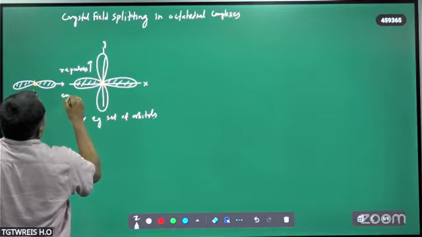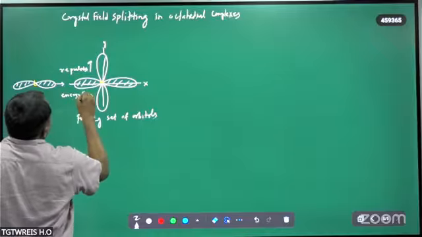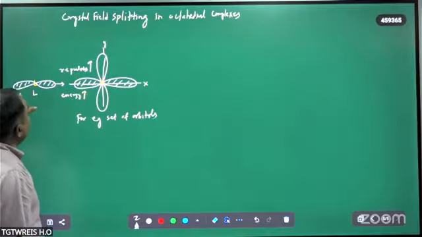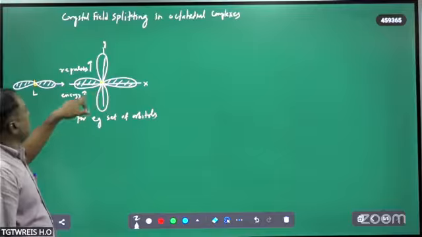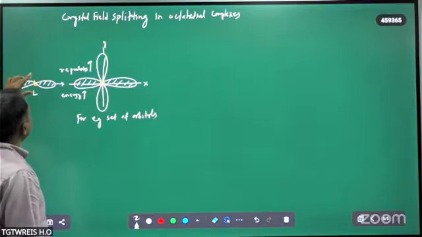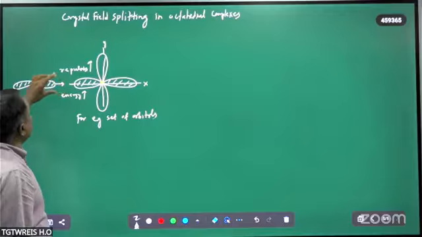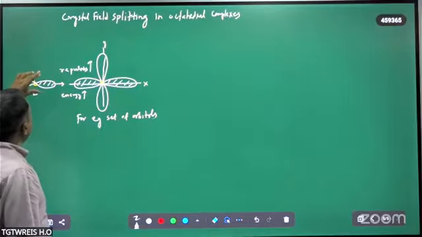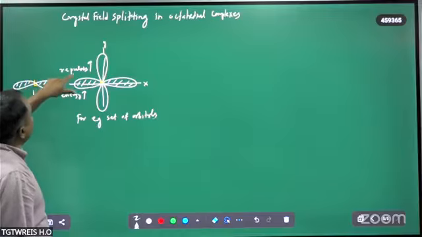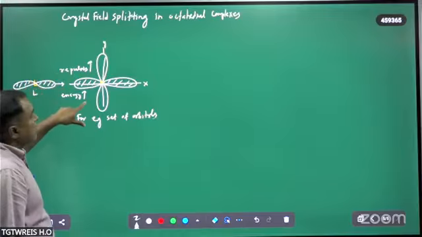Therefore, energy also increases in this case. So when ligands approach the eg set of orbitals, there will be a repulsion between them. Due to that, repulsion increases and energy increases.